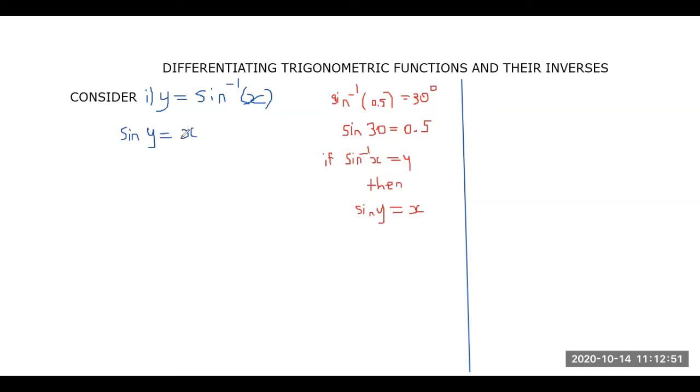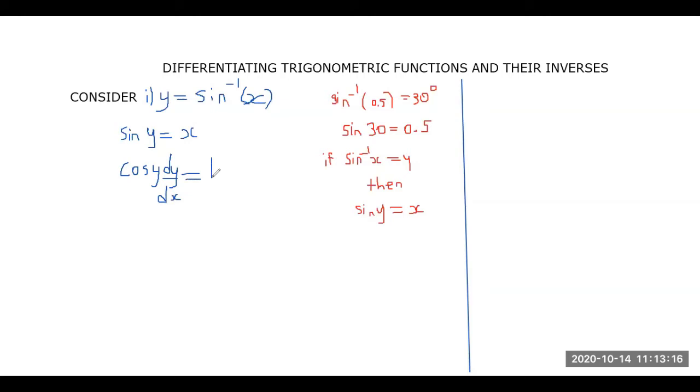If the sine of y is equal to x, we can differentiate this function implicitly. The derivative of sine y is cosine y, but remember, we're differentiating y with respect to x, so we have to multiply by dy by dx. And so we get cos y dy by dx equal to 1.